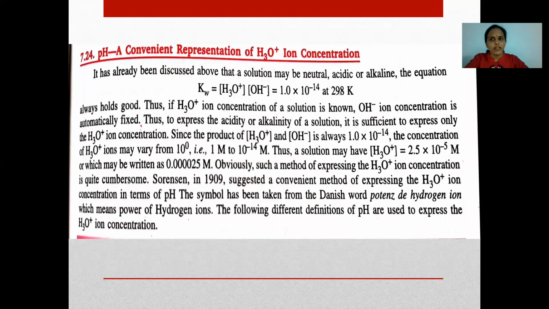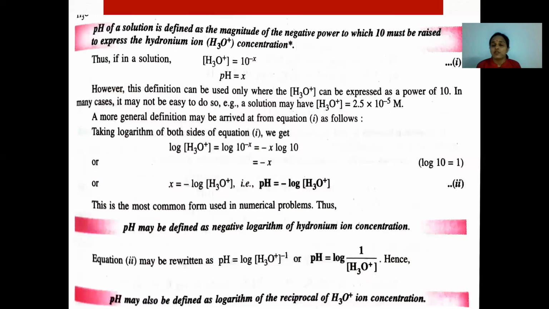Next we come to a very important terminology, and it is pH. pH is a convenient representation of H plus ion concentration or H3O plus ion concentration. So just now we saw that Kw for water is equal to H plus or H3O plus into OH minus, and its value at 298 Kelvin is taken to be 1 into 10 raised to minus 14. So pH of a solution is defined as the magnitude of the negative power to which 10 must be raised to express the hydronium ion concentration.